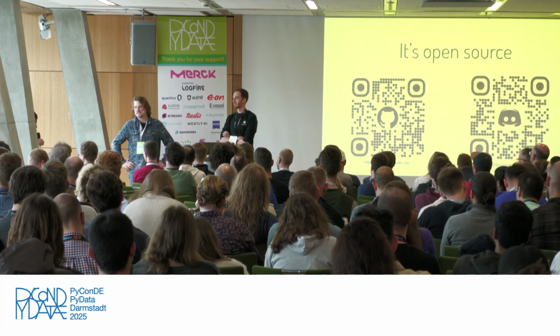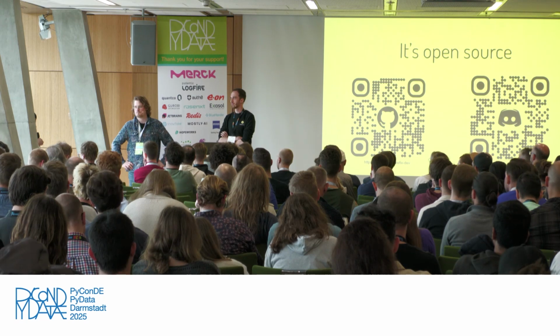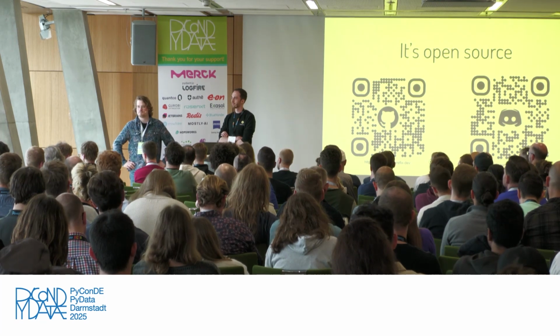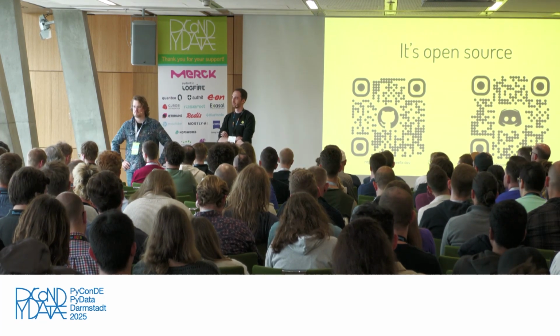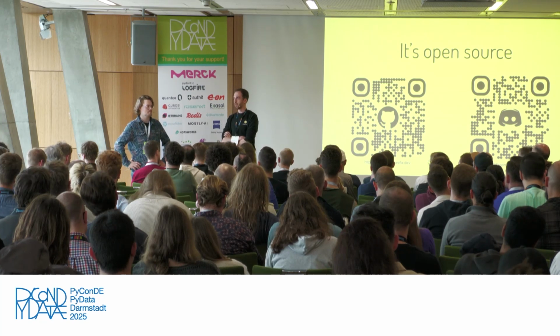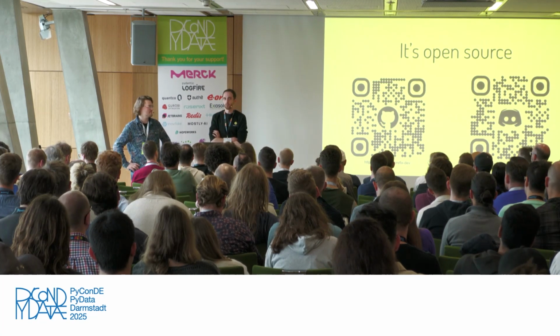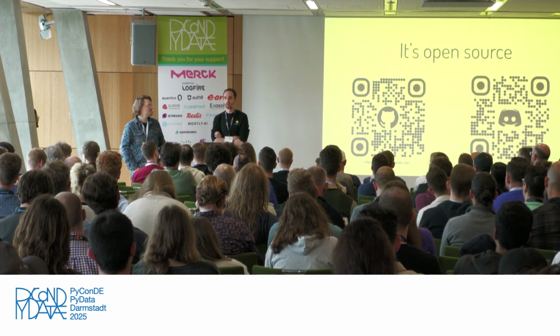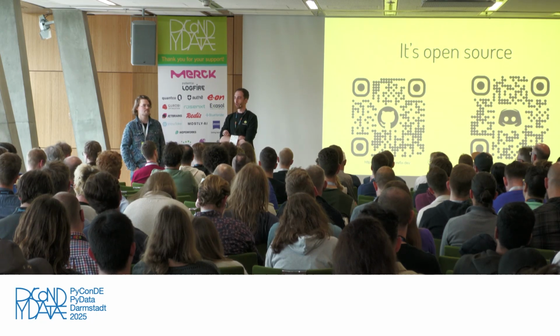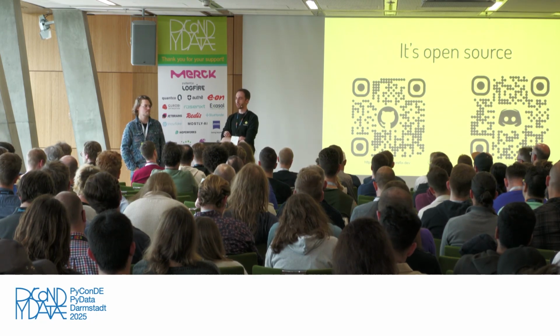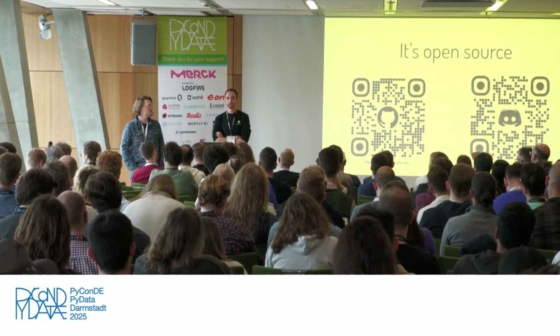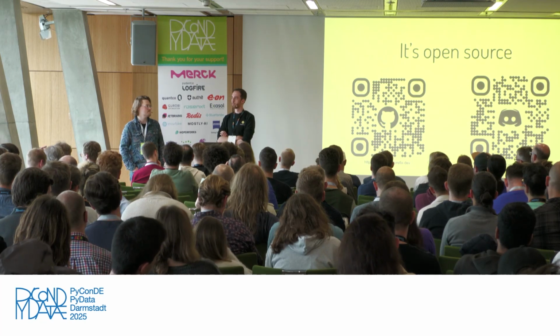Okay, so the next question is, UV also offers workspaces with different build backends for path dependencies. How does Pixie stand out here? It is basically the same workflow, except that the biggest sell here is that you could also do other things than just the build backends for Python.